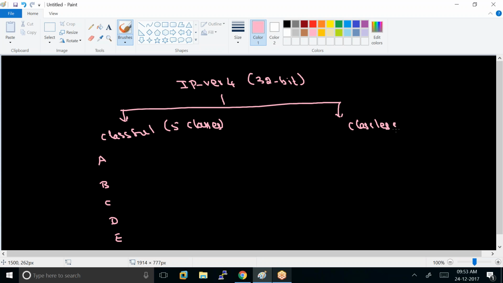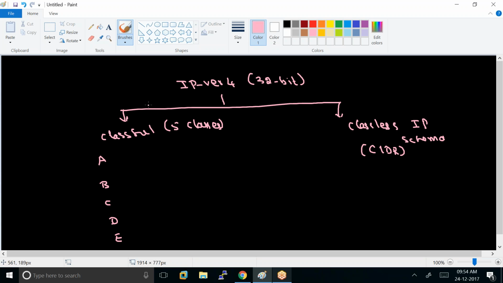Currently, we are following the classless IP scheme. Here there are no such classes, and it is represented as CIDR, classless inter-domain routing.